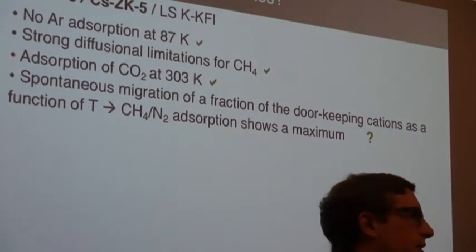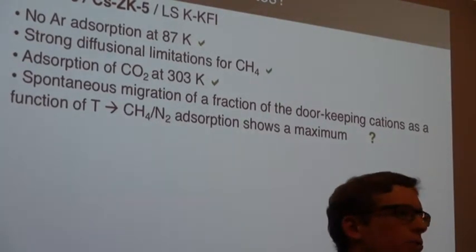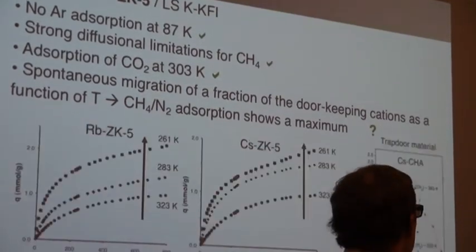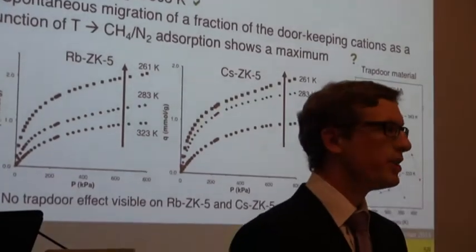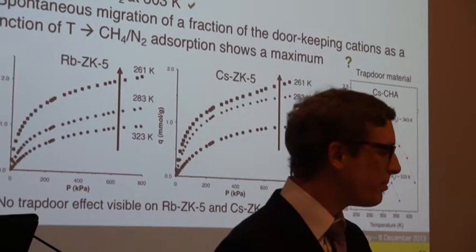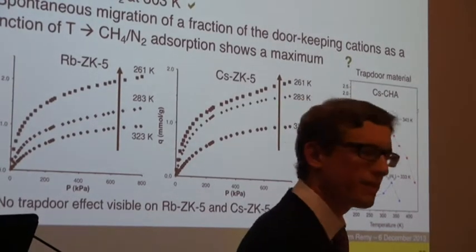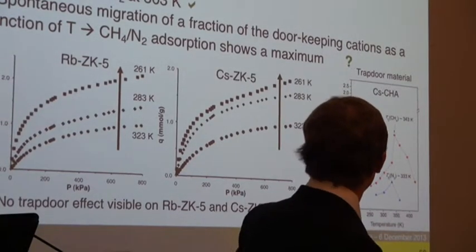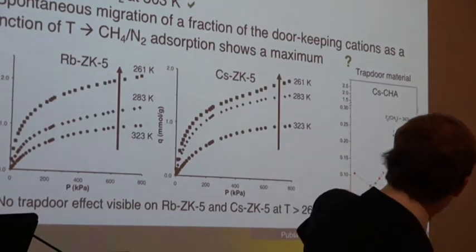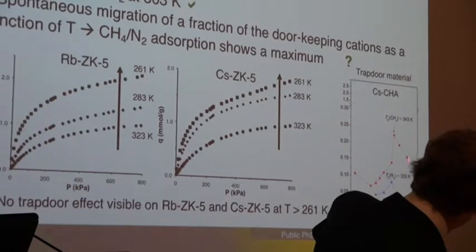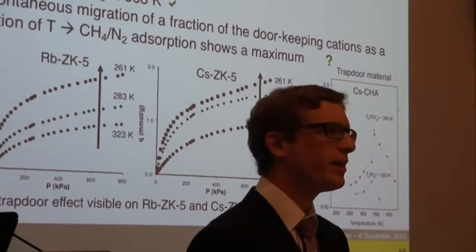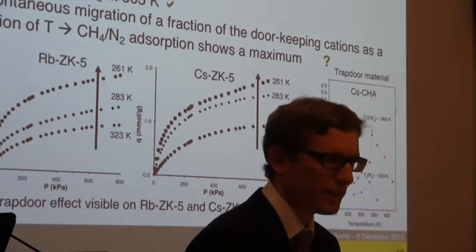So is there a maximum in the adsorbed amount as a function of temperature? Well, the answer is no. Down to 261 Kelvin, that's about minus 12 degrees Celsius, there is no maximum. Whereas for a molecular trapdoor zeolite, you see there's a maximum. And here, there's no maximum. So on these zeolites, there's no trapdoor effect.